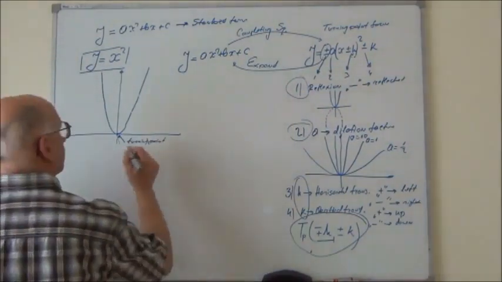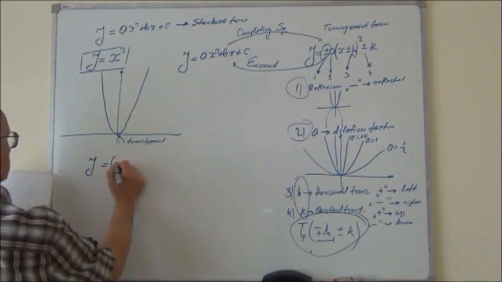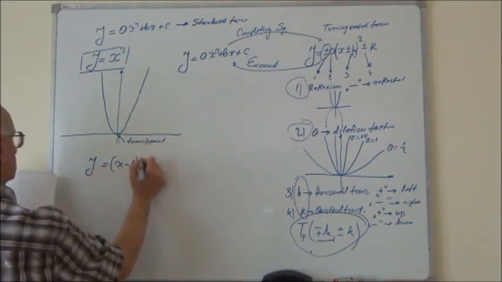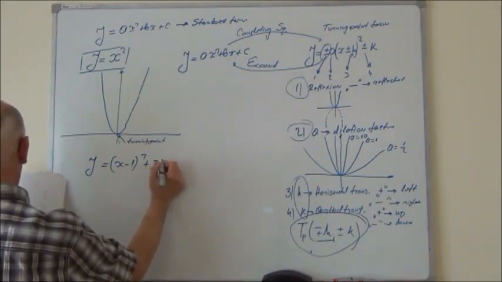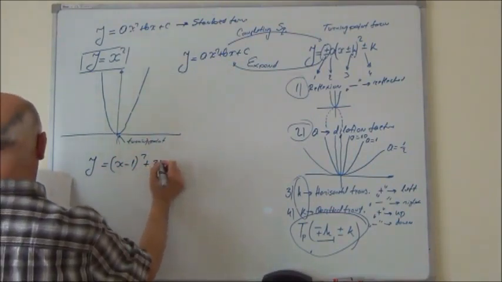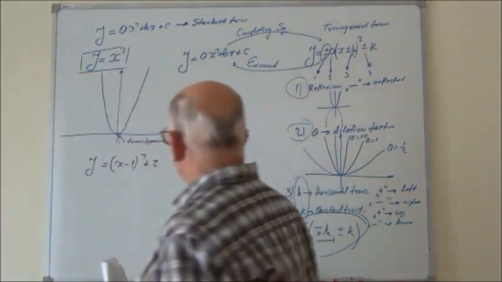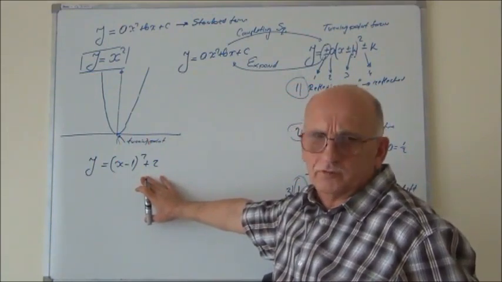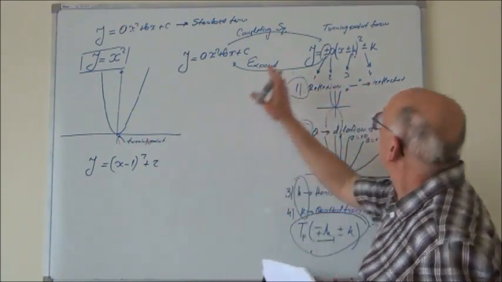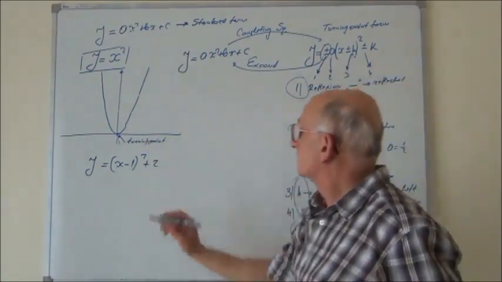So we need to sketch the graph of y equals x minus 1 squared plus 2. We have to check if this graph is in turning point form or not. Yes, it is in turning point form because we can recognize it.